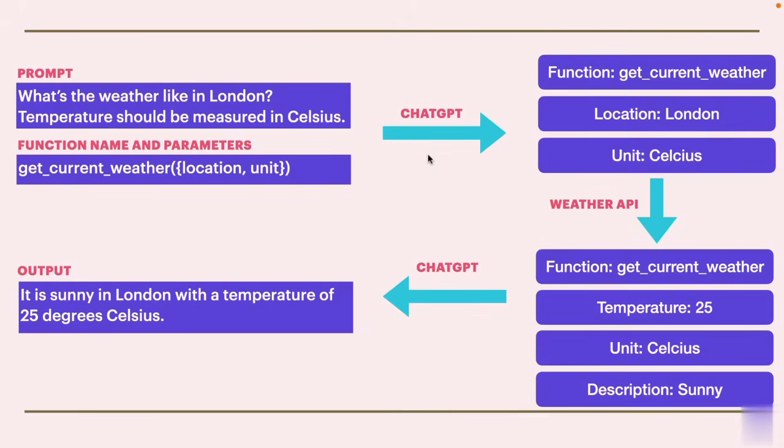The first request is a request sent to ChatGPT, then the other request is a request to an internal API or an external API, and then the final request is another request to ChatGPT where the output is the actual description of the weather as we wanted from the very beginning.